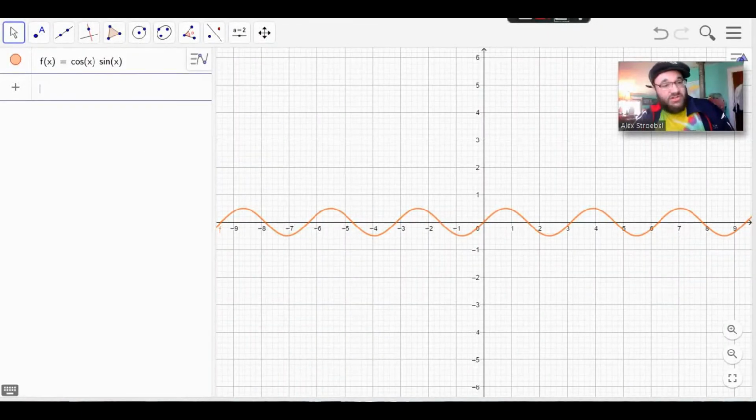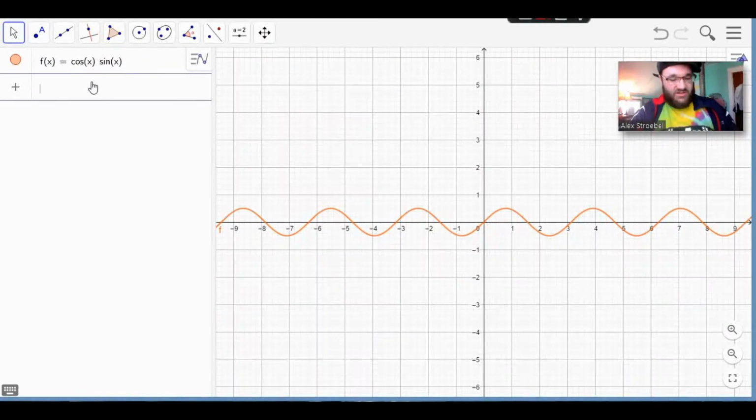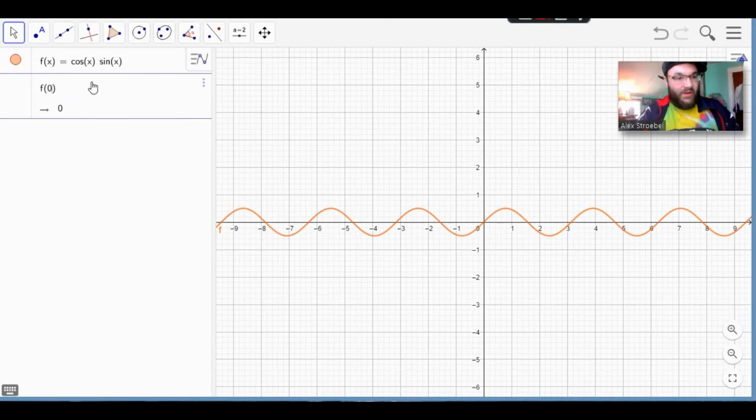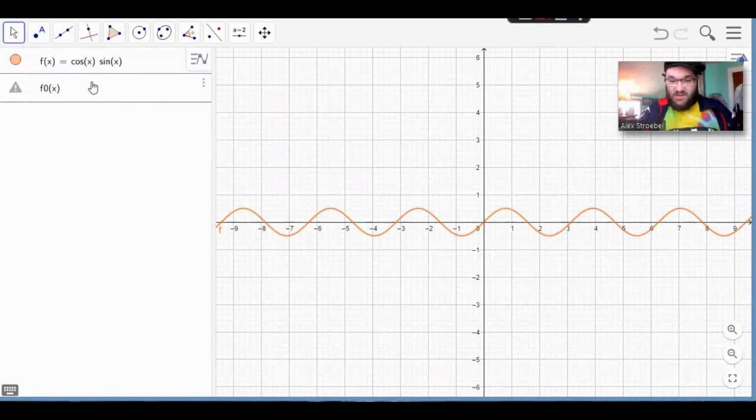Sine of x in orange. So if I test the function that we came up with, I'll just say this is f of 0 of x.